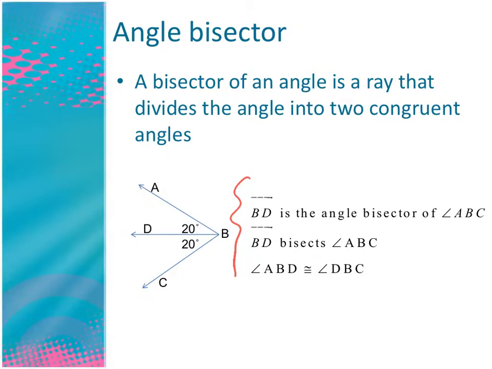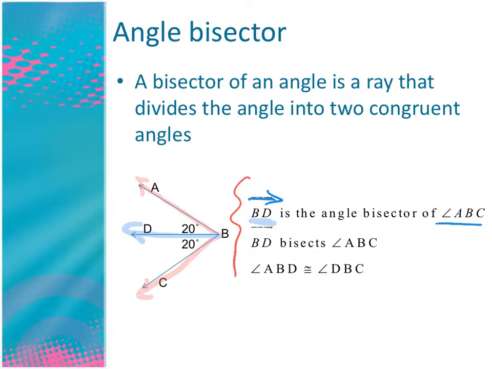Okay, so a bisector of an angle is going to be a ray that divides the angle into two congruent angles. So for example, I have the large angle here, ABC, and then I have ray BD right here that is bisecting this angle.